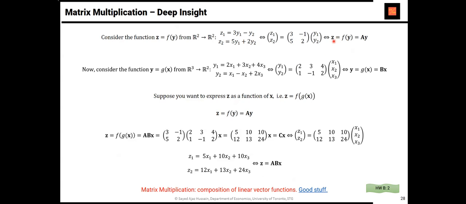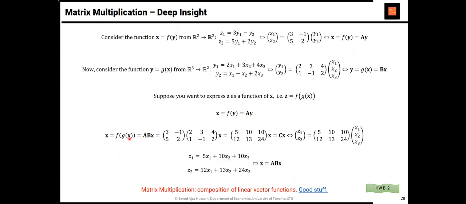Begin with the fact that z is a function of y, and that's expressed in matrix form. But I know that y is a function of x. In fact, it's given by G of x. And I know that y is in fact equal to Bx. So here's your A that you already have from up there.